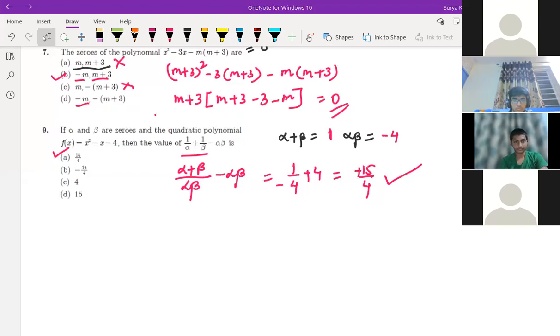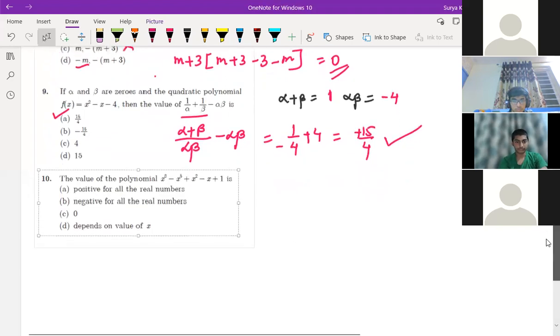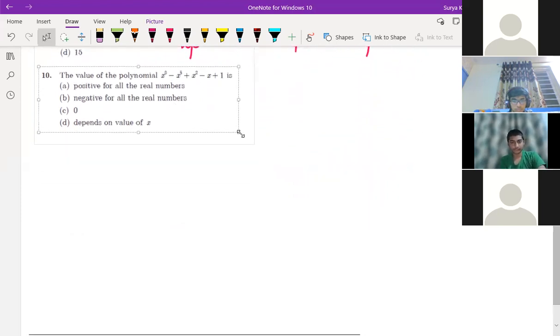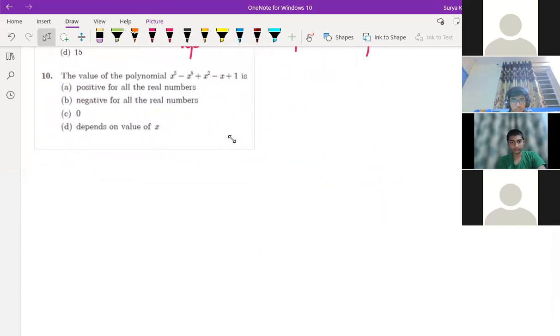Next question, number 10. The value of the polynomial x to the power 8 minus x to the power 5 plus x square minus x plus 1 is what? Value of the polynomial. Always positive, right?